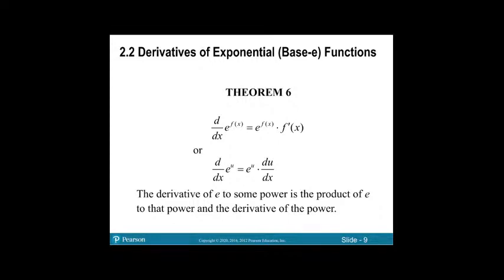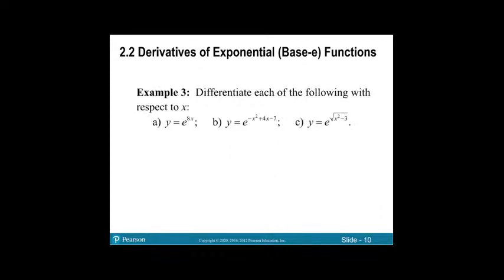Okay, so in this example, for part A, dy by dx is going to be itself, e to the 8x, times the derivative of the power, which is just 8. Let's rearrange it. Ultimately, we'll get 8 times e to the 8x.